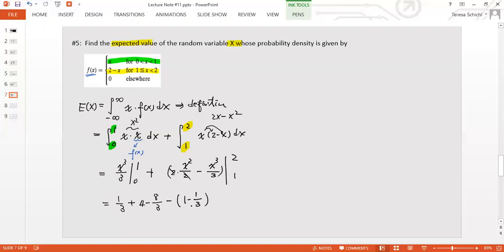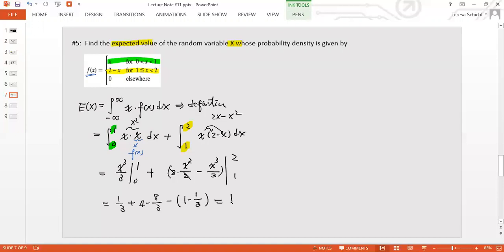Just be careful about your plus and negative signs. And this will give you 1. So this example is just an extension of what we did in video number 1. Even with piecewise functions, you can just separate into different pieces and then take the integration. Just be careful about what function is defined on each interval.